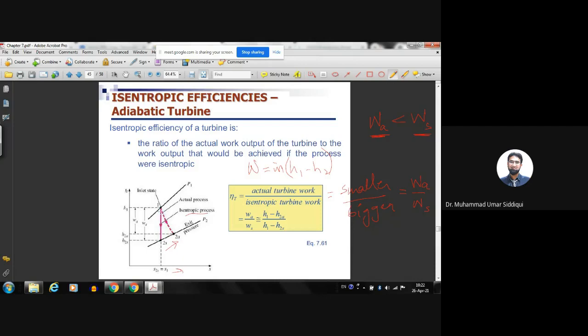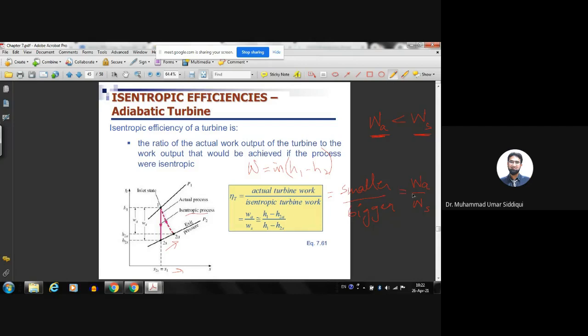So it will not be represented as 1 to 2s, it will be represented as 1 to 2a. In any case, 1 to 2a will be less than 1 to 2s, because in case of the actual, we'll have more loss of the energy, and so the work output would be less, and in case of the ideal, we'll have no loss, so the work output will be more.